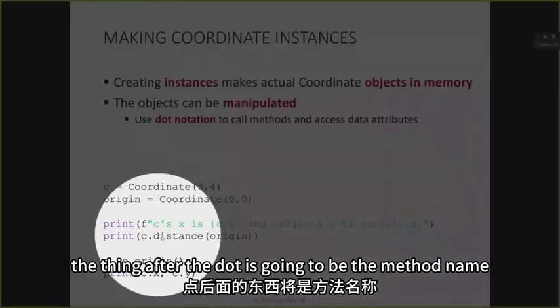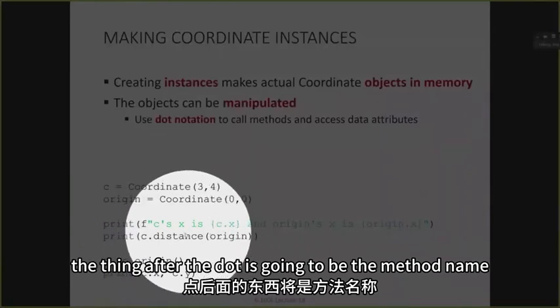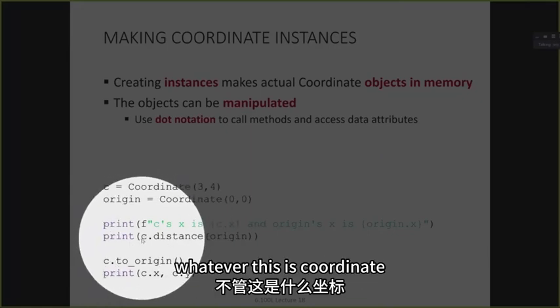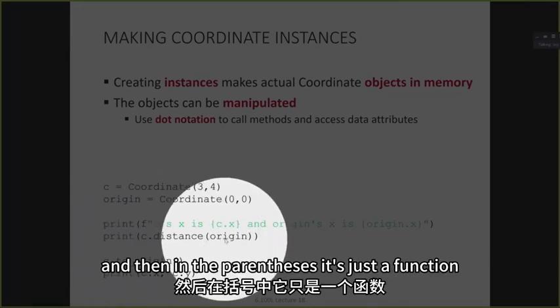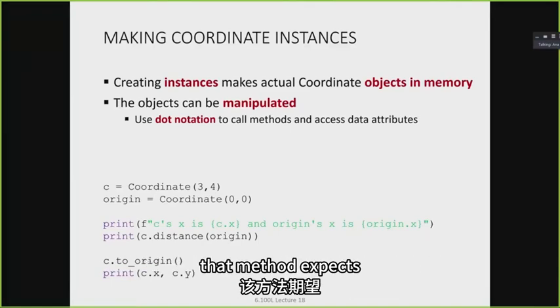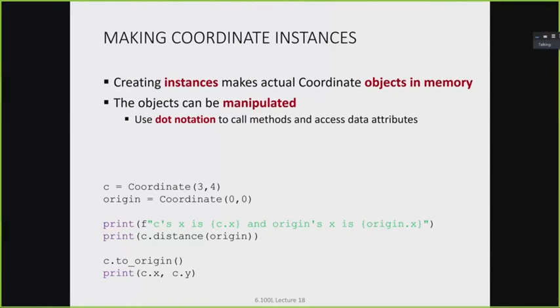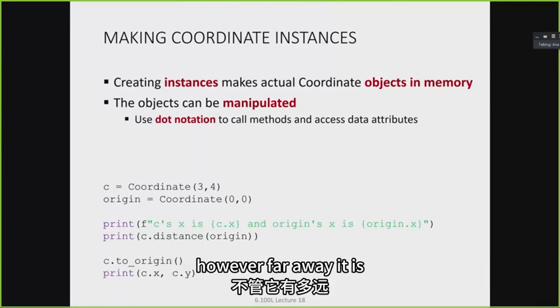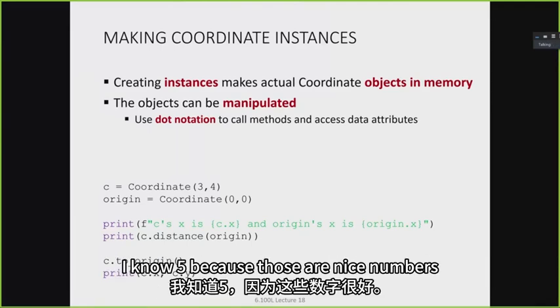The thing after the dot is going to be the method name that can run on this object of type coordinate. And then in the parentheses, we just pass in all the variables that method expects. So c.distance will print however far away it is. 5, because those are nice numbers.